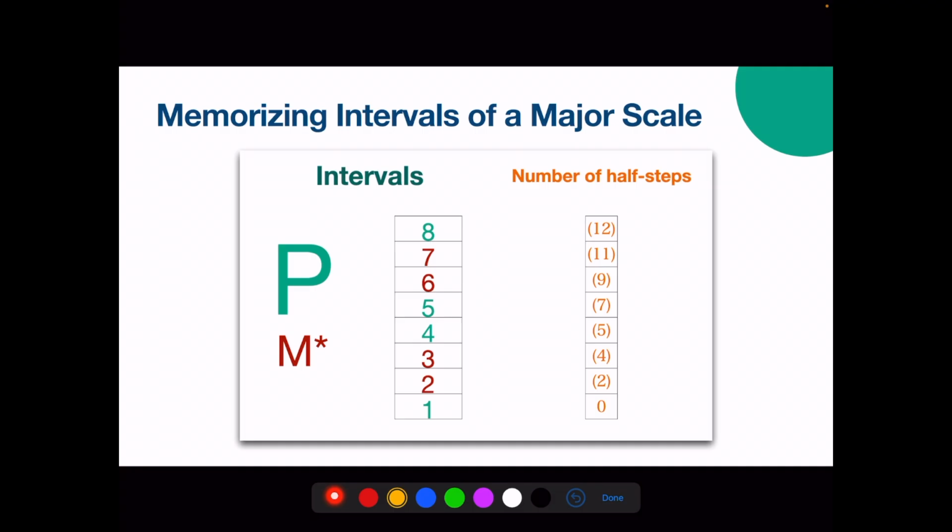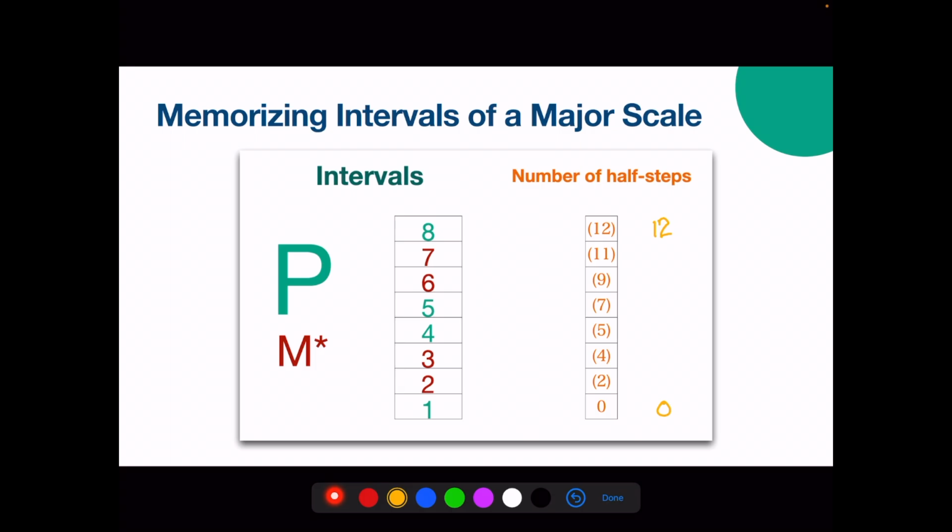Color coded. So how I try to remember it is that we know, like the left side, 1, 2, 3, 4, 5, 6, 7, 8, which ones are perfect, which ones are major. That's easy. But for memorizing the number of half steps, there are 12 notes. So the very beginning, it's a unison. It's always going to be 0. And the highest one is going to be 12. That's easy to remember.